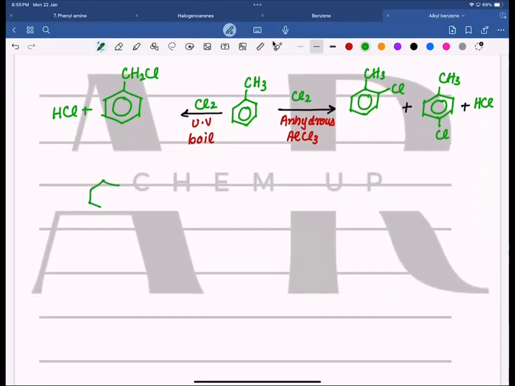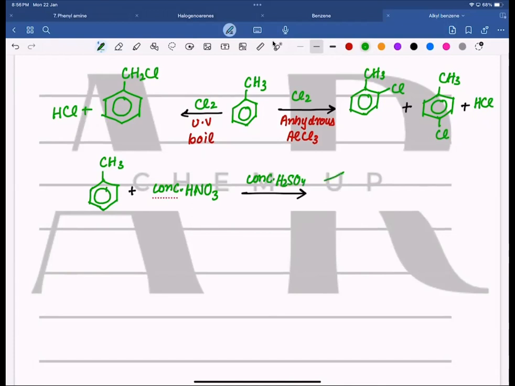In the same way, if we have a methyl benzene and we react methyl benzene with concentrated nitric acid, and for this reaction we use a catalyst, concentrated sulfuric acid.